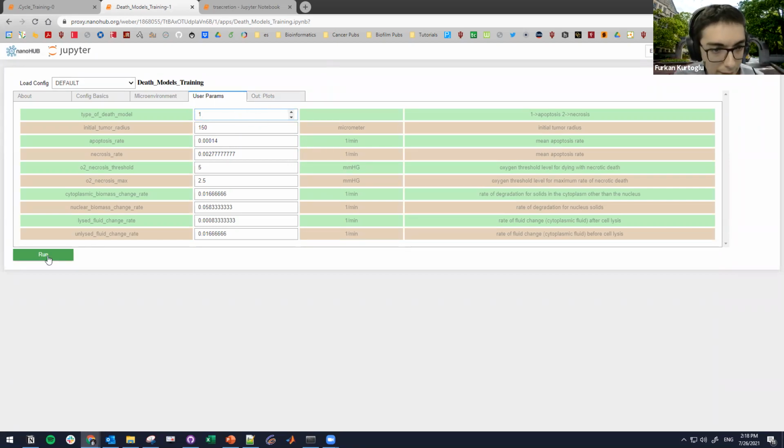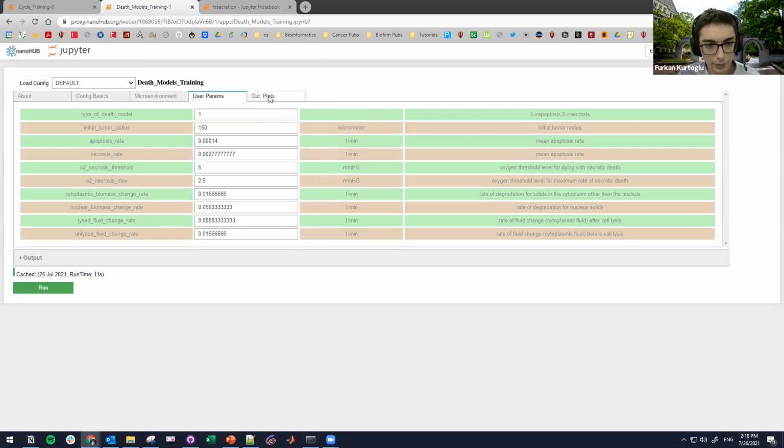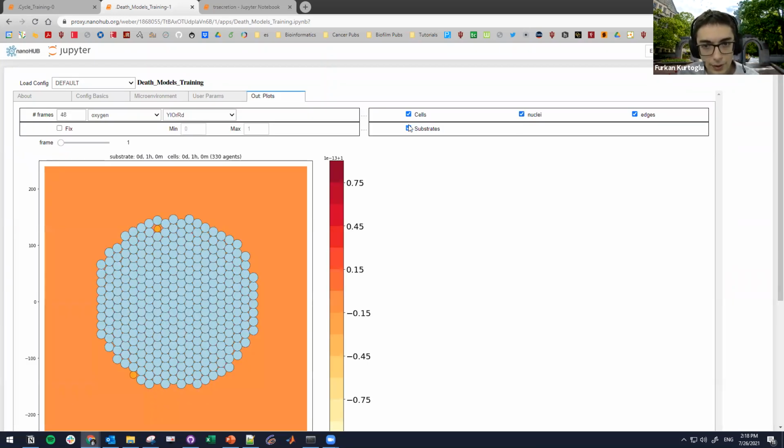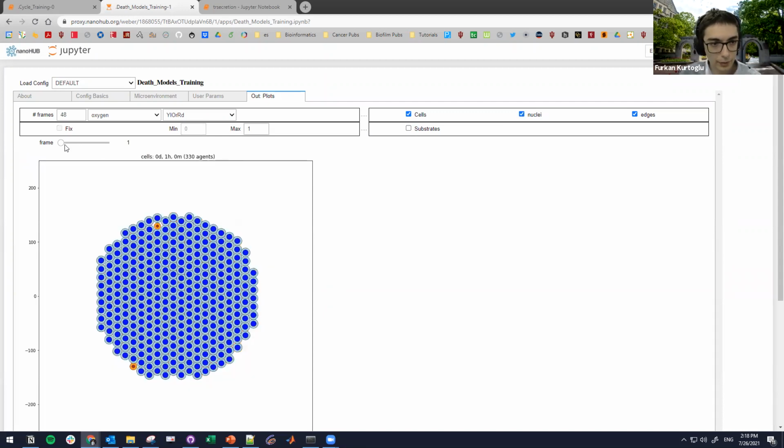So let's use this one first. I would like to show the nuclei first. Here, the blue cells are apoptotic and the green cells are necrotic.